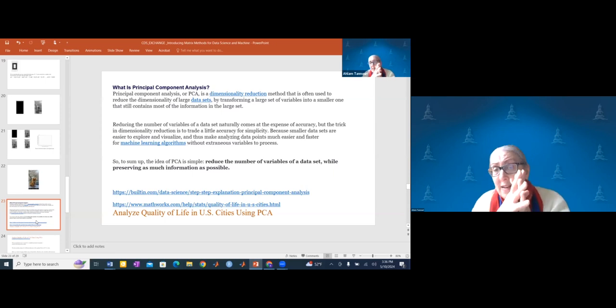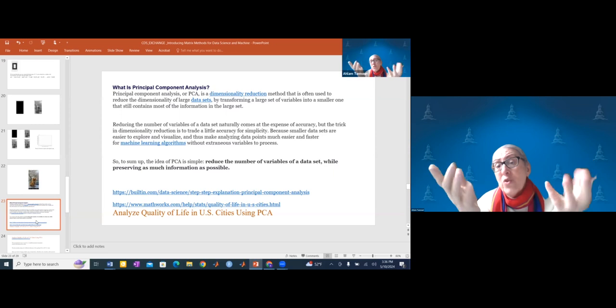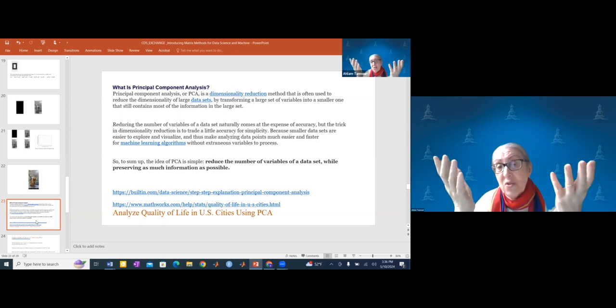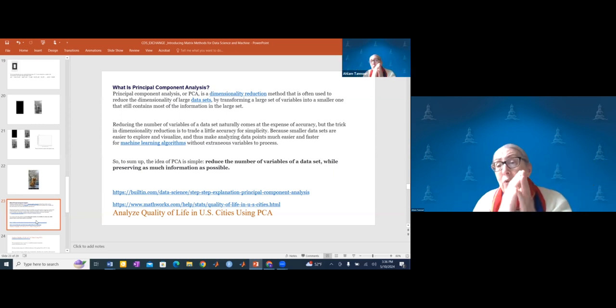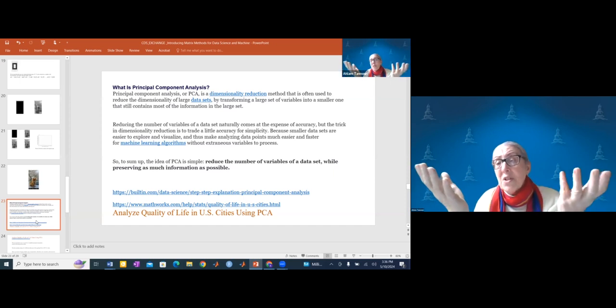So we have our data, and to apply the principal component analysis, which is a dimensionality reduction algorithm, what do we have? We have to create the matrix of the covariance. Then once I have a matrix of the covariance, I'm going to run singular value decomposition to reduce dimensionality.